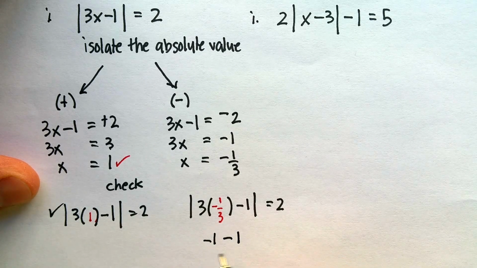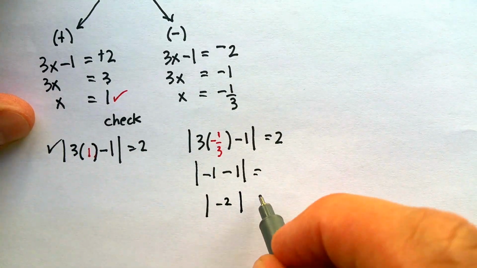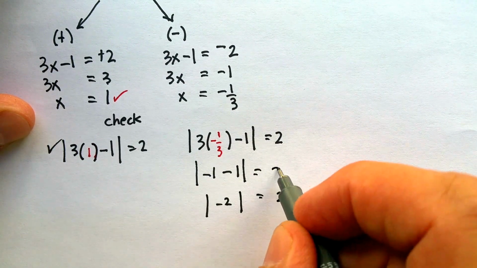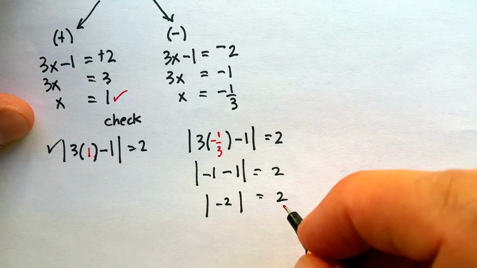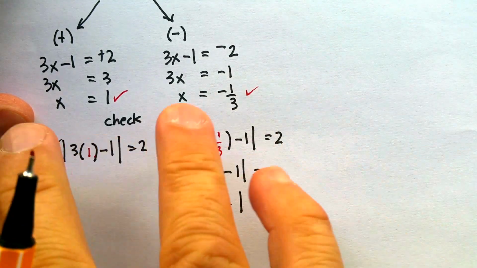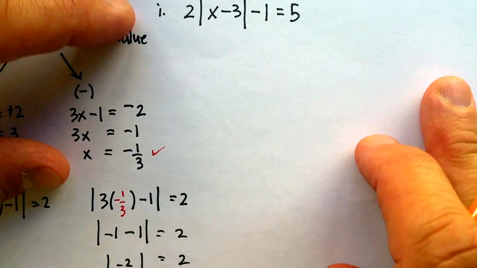Negative 1 minus 1 is negative 2. But the absolute value of negative 2 is indeed 2, because it is still 2 away from 0. So this one actually works as well. Both answers work perfectly.